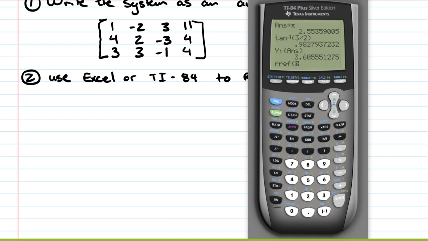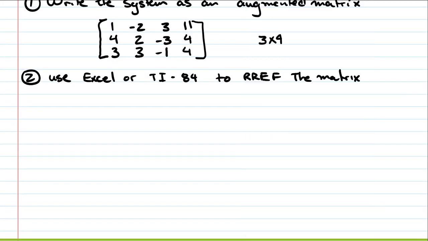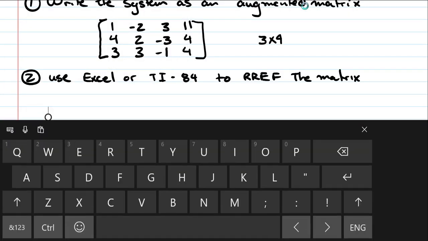Then we go second matrix again, and now it's on names. We're just going to select our matrix A. You'll notice that matrix A now has a size associated with it, 3 by 4. Close our parentheses and press enter, and our calculator reduces that matrix to reduced row echelon form for us.